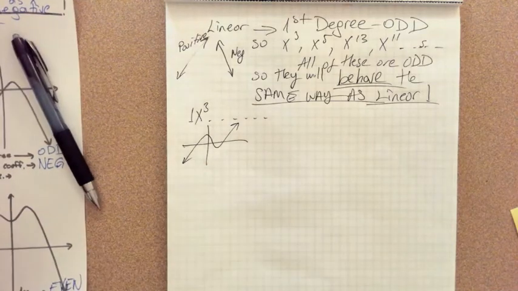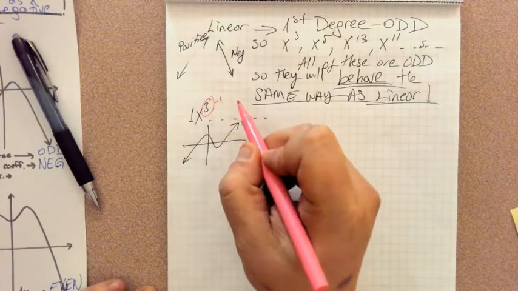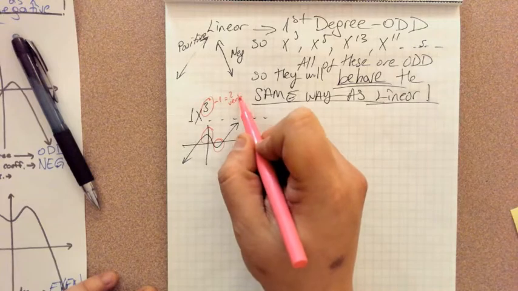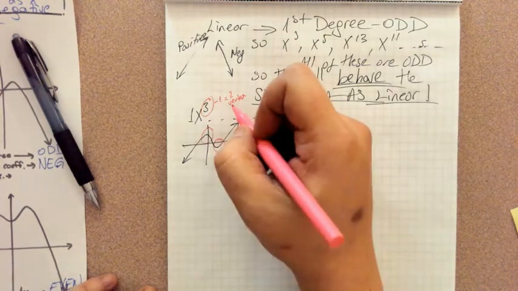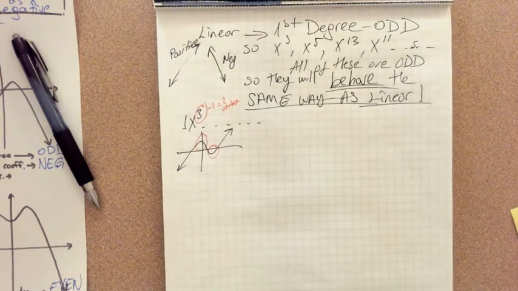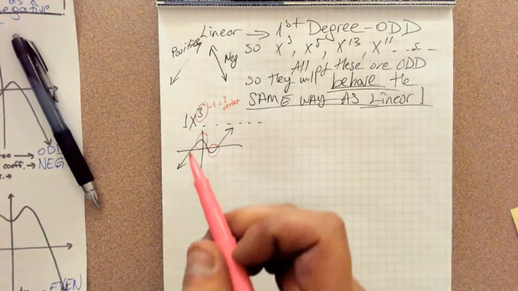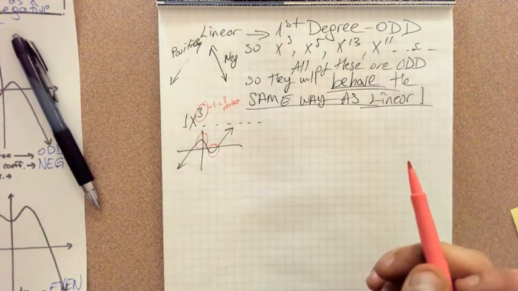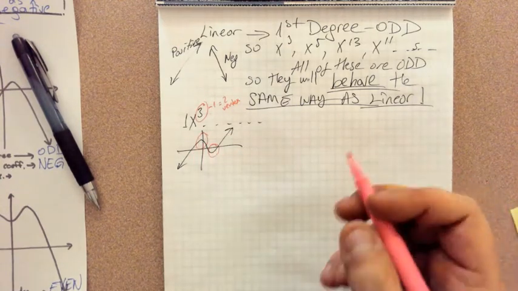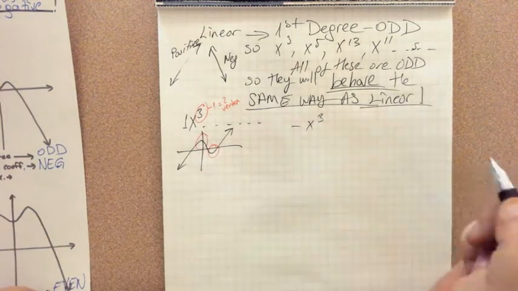And the cool thing about this is that 3 minus 1 is the number of vertexes, or vertices, I believe. I'm not sure about the plural name. Don't hold me responsible for English and the grammar parts. Anyways, that's going to be 2. Let's say I have negative x to the third.